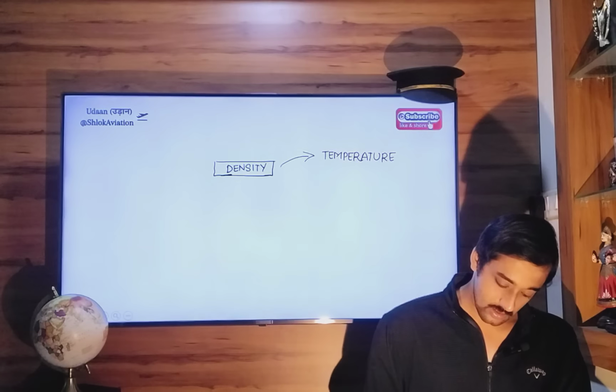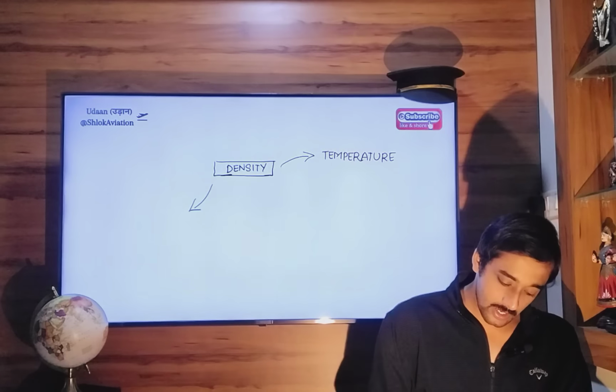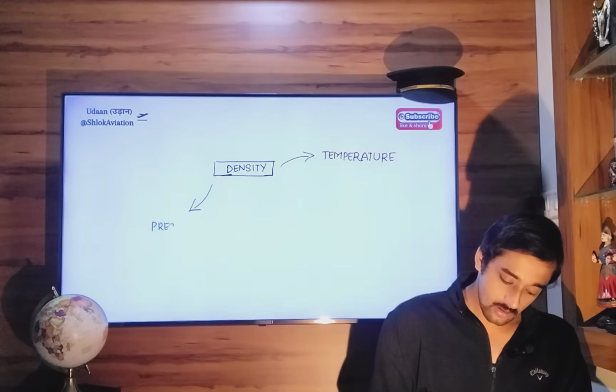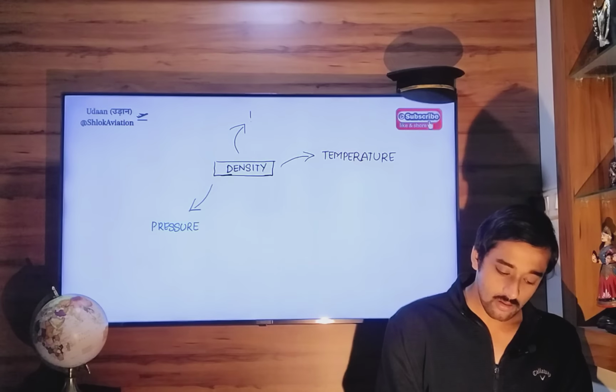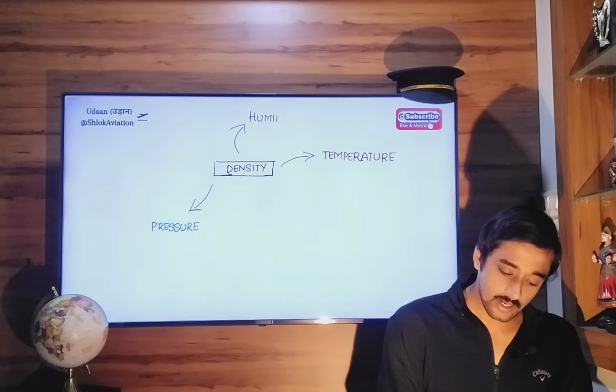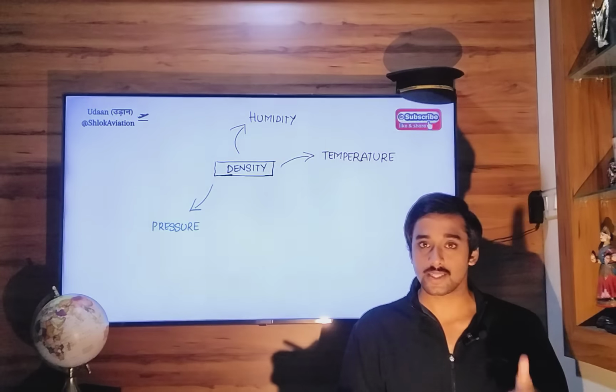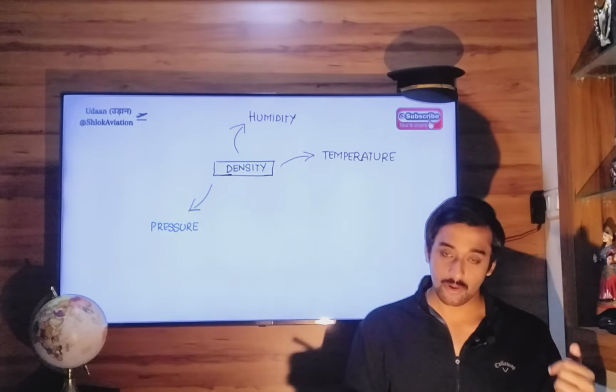Second, atmospheric pressure. And the third, humidity. Right? The density of air is controlled by three factors: temperature, humidity, and pressure.